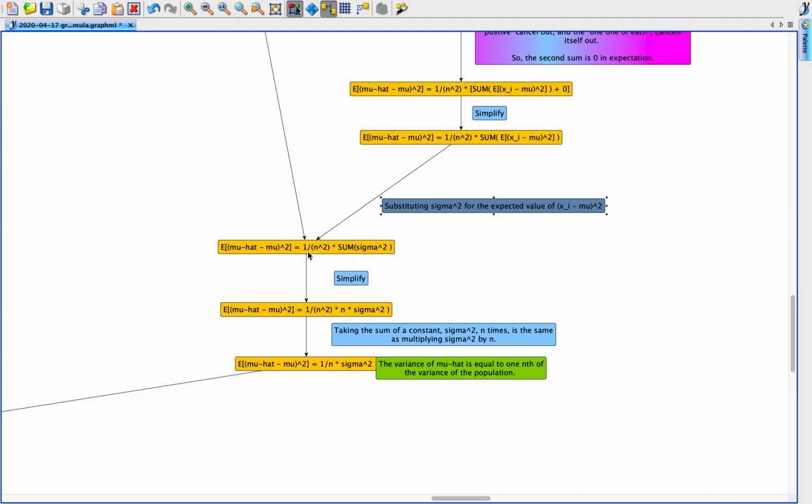So 1 over n squared times the sum of sigma squared. Again, because this is a constant, the sum of sigma squared from 1 to n is just sigma squared plus sigma squared plus sigma squared, n times. So that's sigma squared times n.